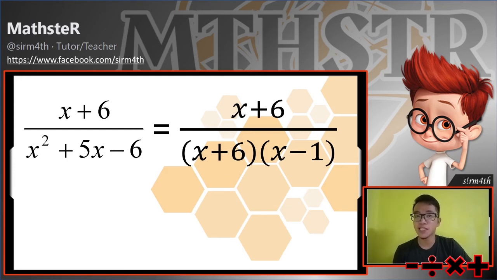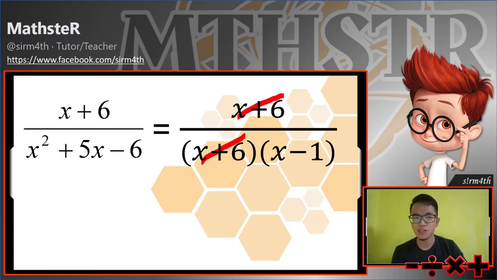We need to cancel the common factor for this expression. So, nakita natin si x plus 6 nasa taas at si x plus 6 ay nasa denominator. So, ibig sabihin, pwede nating makancel yung x plus 6 na present sa ating numerator and denominator. So, cancel na natin yung x plus 6 dito. Ang matitirang expression dyan, yun ang ating magiging final answer.